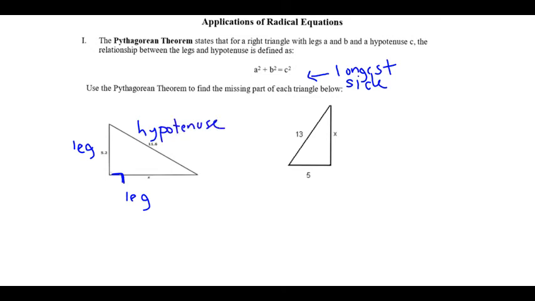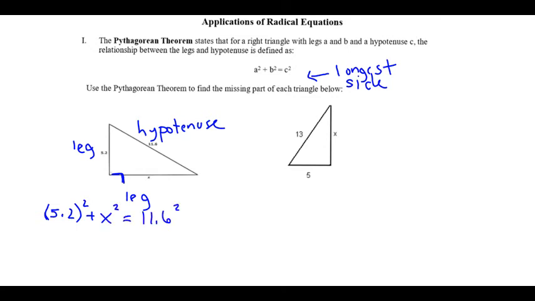So let's find x. And if we start with our first one, they give us a leg. So we'll say a squared is 5.2 squared plus x squared equals 11.6 squared.